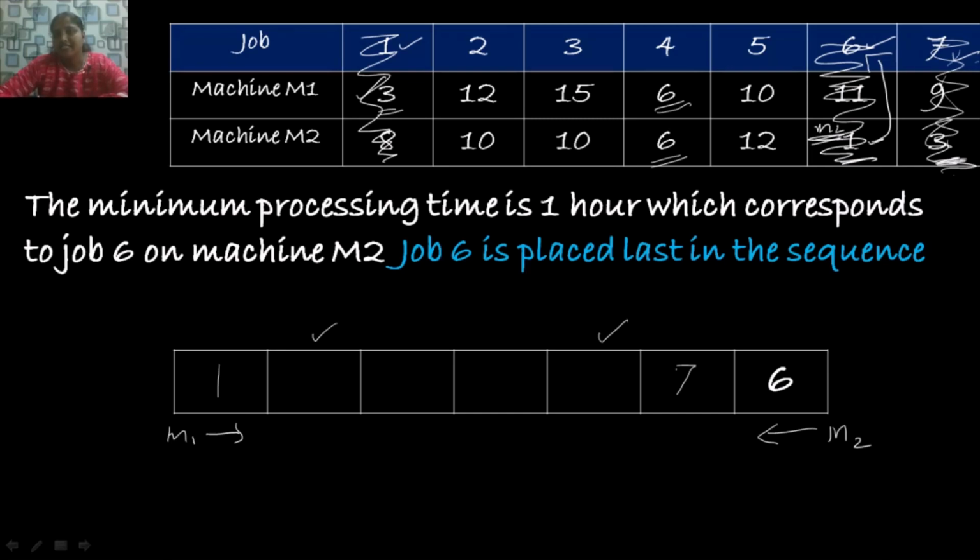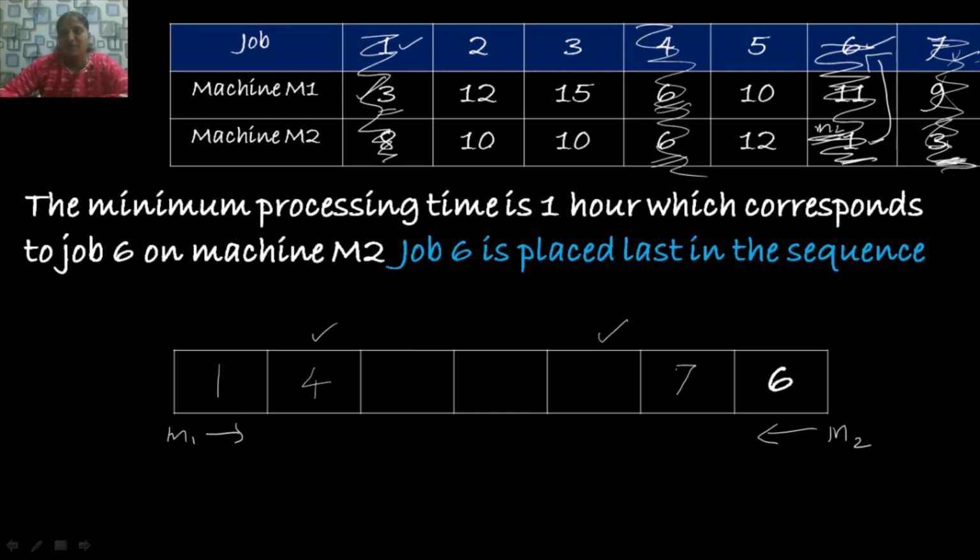How to resolve this is, you can place job 4 here or here. That is your option. So arbitrarily I choose this place for job 4. So job 4 is processed next to first.